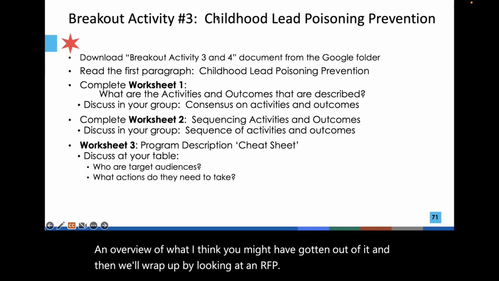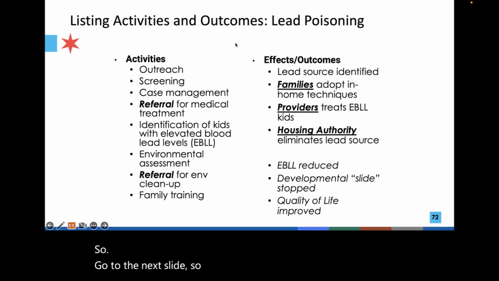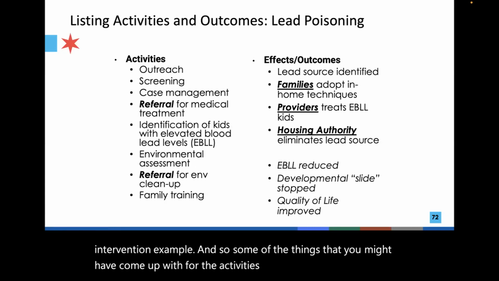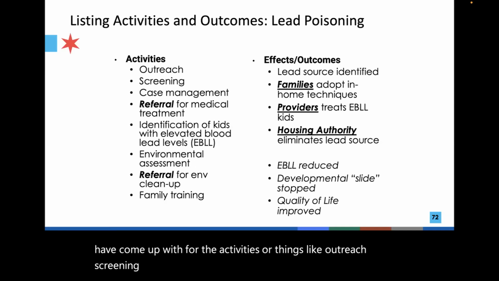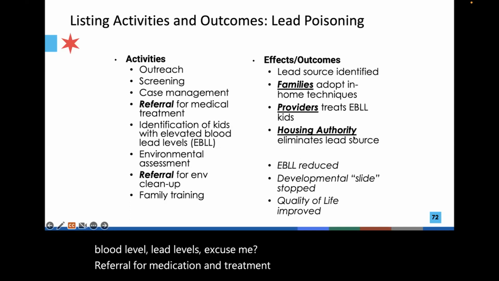So go to the next slide. I had you go through that lead poisoning intervention example. Some of the things that you might have come up with for the activities were outreach, screening, identifying kids with elevated blood lead levels, referral for medication and treatment, environmental assessments, and family training.